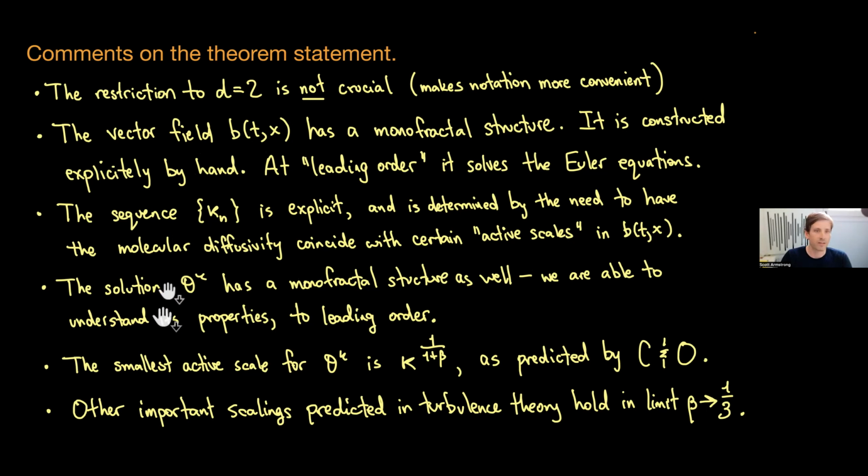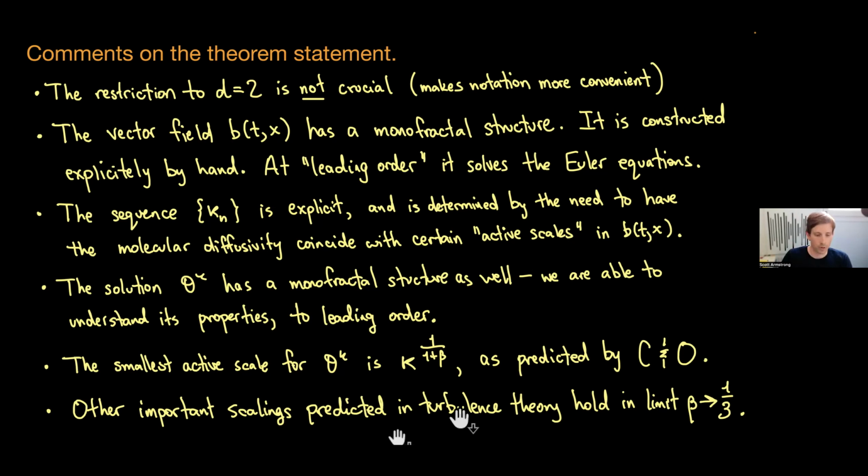The scalar has a fractal structure as well, which is emerging from our proof. The smallest active scale that you'd expect is kappa to the 1 over 1 plus beta, which if beta is going to 1/3, let's set beta equal to 1/3, is kappa to the 3/4, which is what you expect for the edge of the inertial range in the Kolmogorov theory.